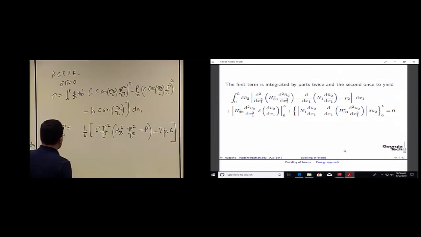Okay, so what can I do using the principle of stationary total potential energy?